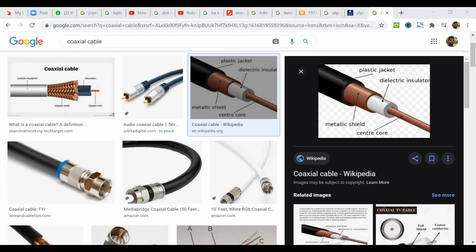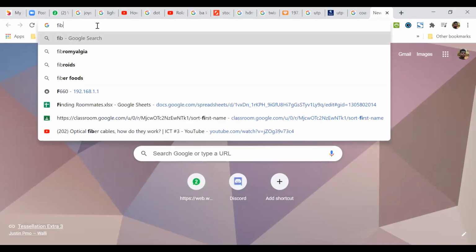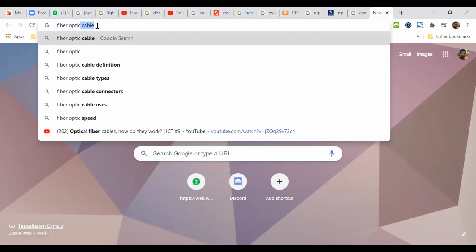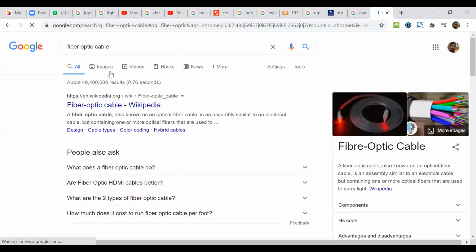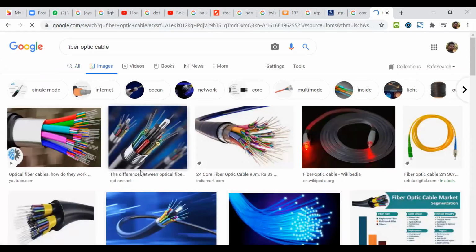So, one is twisted pair, with two types, UTP and STP. Then we have coaxial cables. And finally, we have fiber optics. In fiber optics it's slightly different.